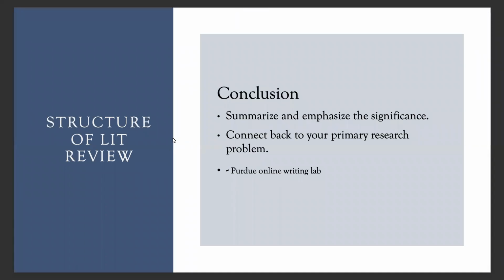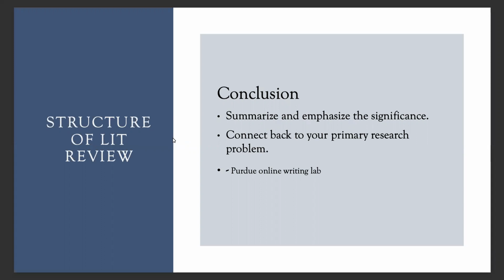Then in the conclusion, you summarize and emphasize the significance of the literature review you have done. So it's not just the body that is synthesizing, but you also have to say that, in summary, from the literature review, we have learned this.